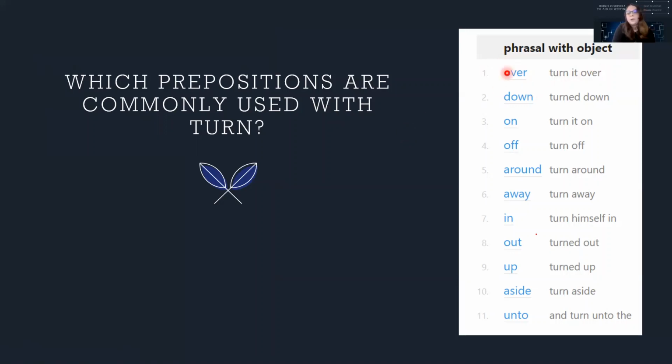So you can see the most common would be over, down, on, off, around, away, etc. And what's good about this, if you click the blue link, you'd be able to get sentences using turn over. So you would have students go through the concordance lines as well, and you could see what the examples are. So this is also good for a quick check on your phrasal verbs, which all students love.